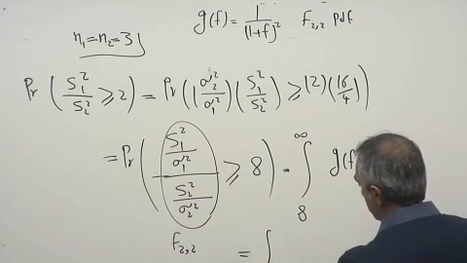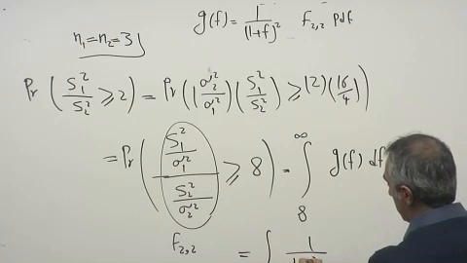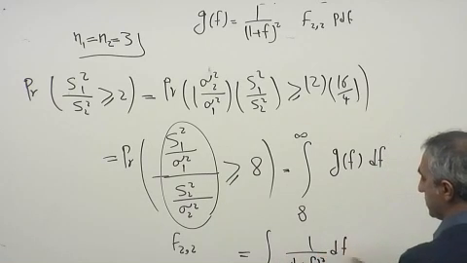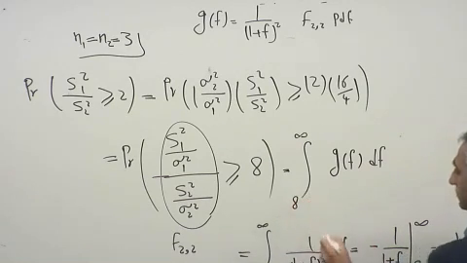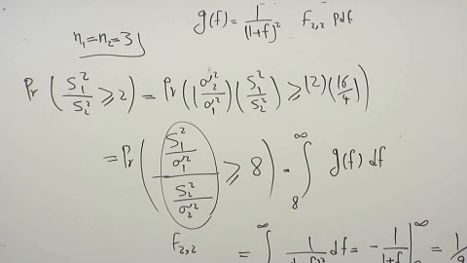So we need to integrate this, and at the end of the day, I get 1 over 9. Okay? Any questions? Is it clear?